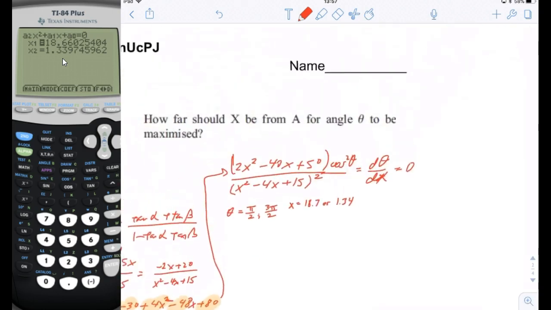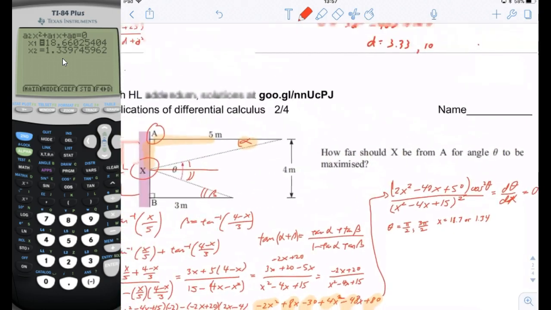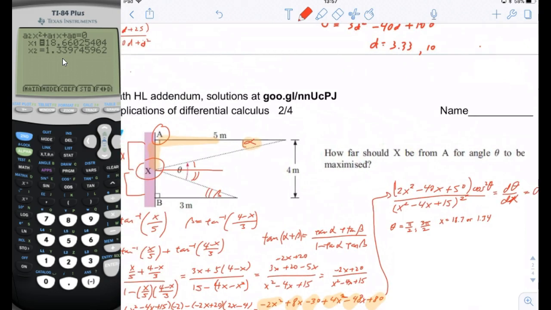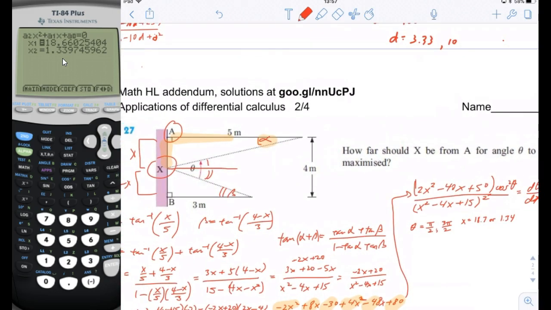Let's look at the picture again and see what that corresponds to. 1.34 would mean that this distance here, x, is 1.34 out of 4. That seems reasonable. 18.7 obviously doesn't work because then x would be longer than 4 and the picture would make no sense. So we know that 18.7 is wrong.